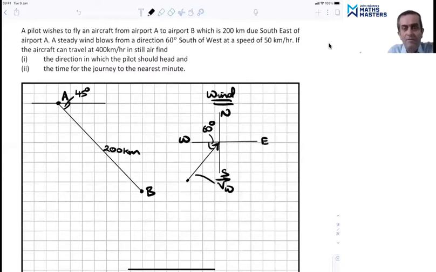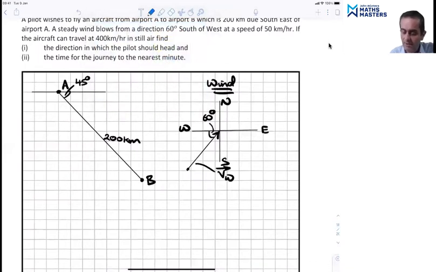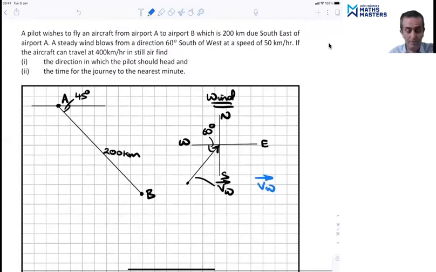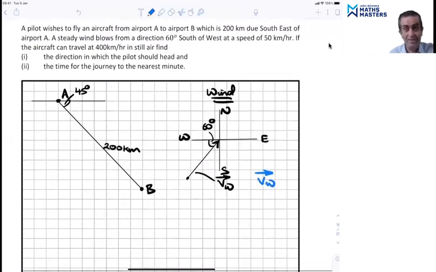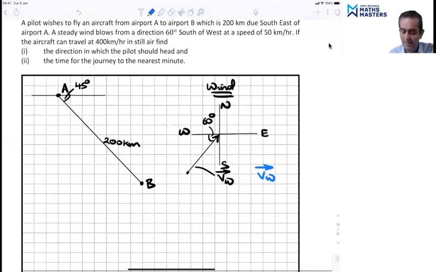Now, people always get confused about which vector is which in these questions, so just to be clear, let's go through an explanation. VW is straightforward. VW is the actual velocity of the wind. It's blowing at 50 kilometers per hour from a direction 60 degrees south of west. That's clear, okay? So that's VW.